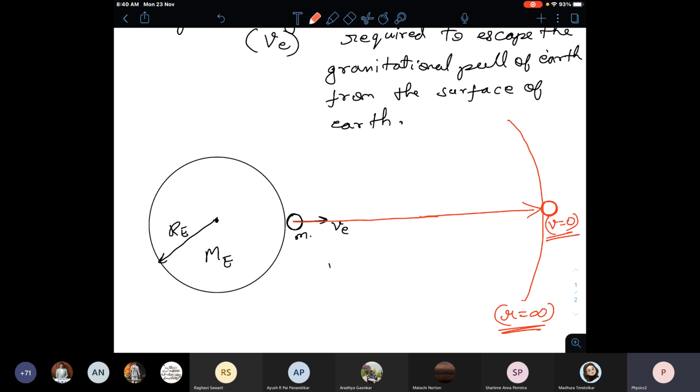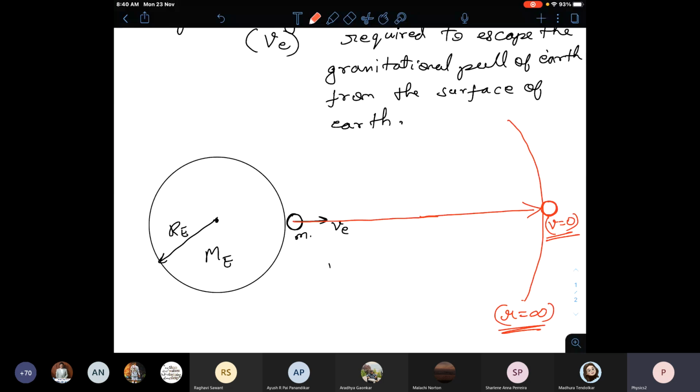What is escape velocity? Whenever an object, a particle launched from the surface of the earth, has zero velocity at r equal to infinity, that velocity is called the escape velocity. Why r equal to infinity?